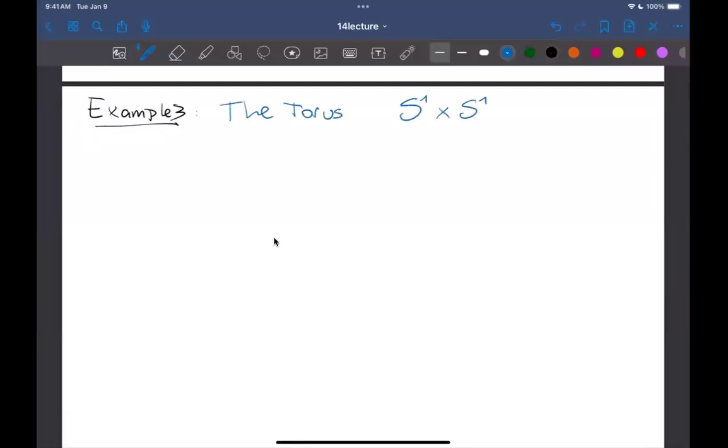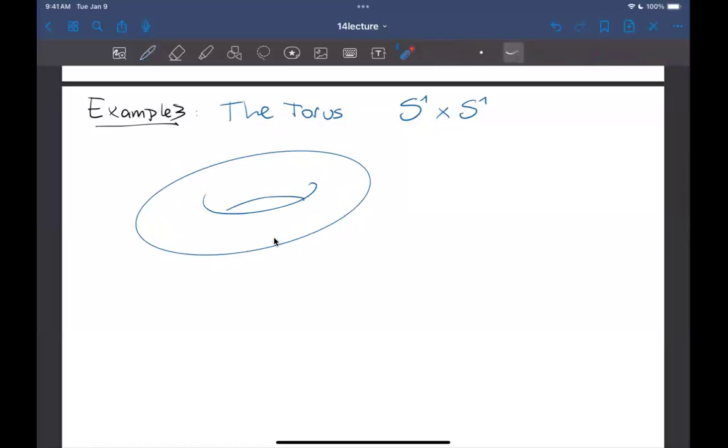What's the picture for this guy? It's a donut. Well, I should say it's the surface of the donut, not the solid donut. So why is this guy S1 cross S1? Hopefully I'll convince you of that in a moment.